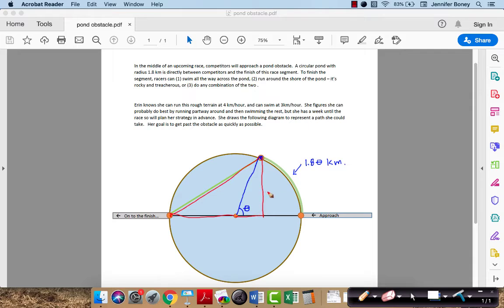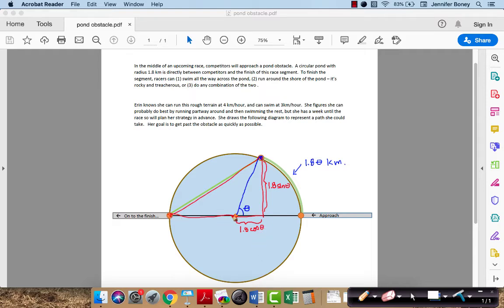And therefore, based on trigonometry, I know that the length of this portion of that side and this vertical component here can be described in terms of trig functions of theta. This vertical, opposite from angle theta, would be scaled up by a factor of 1.8 like everything else, 1.8 kilometers times the sine of angle theta. And this horizontal component is 1.8 times the cosine of theta in terms of number of kilometers.